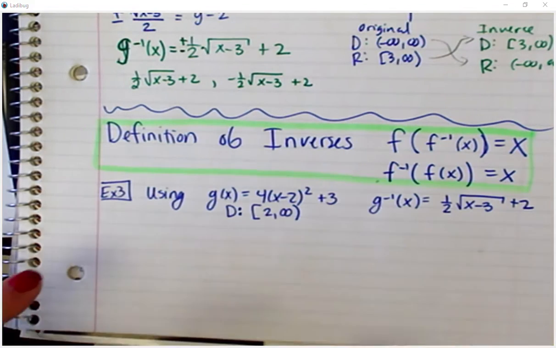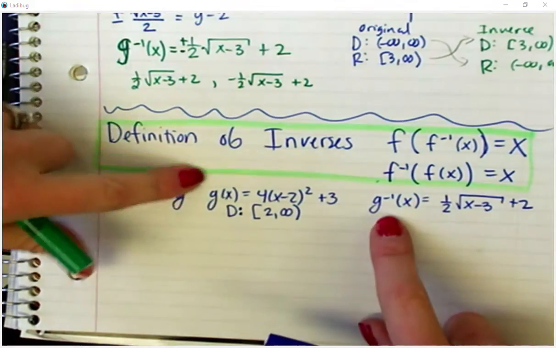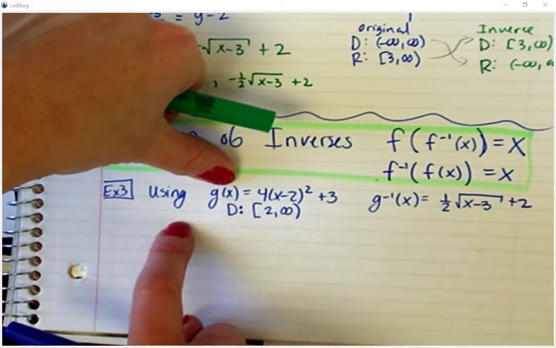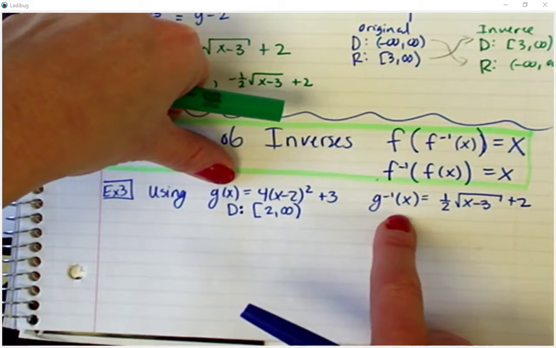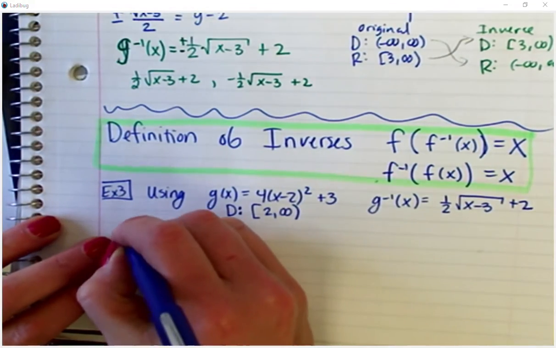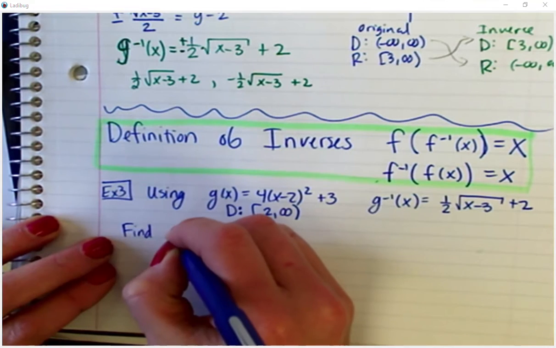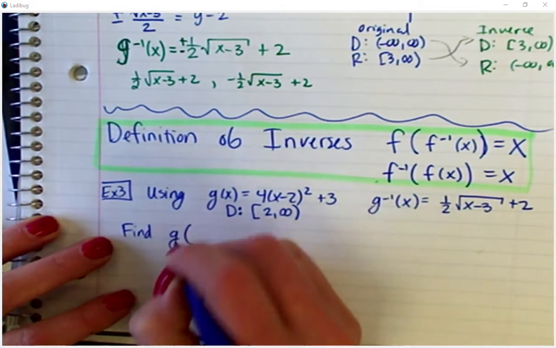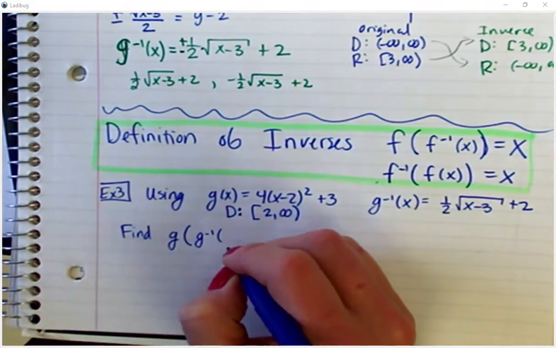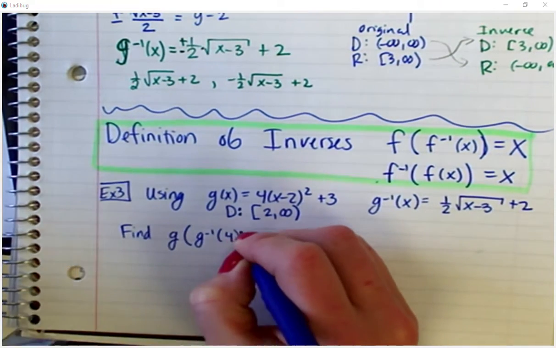Okay, so they are inverses. How do I know? Because I labeled them that way. I told you G and G inverse. That means they are inverses. Okay, find G composed of G inverse of 4.